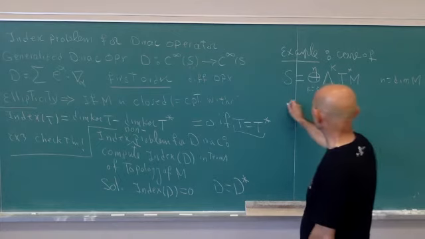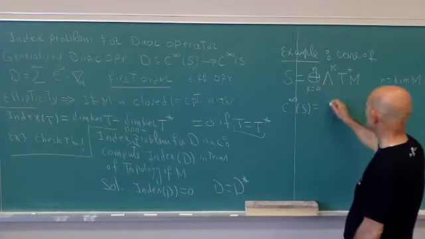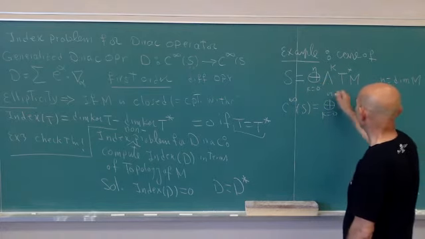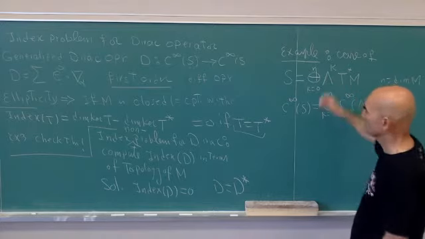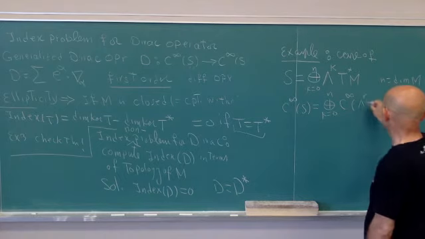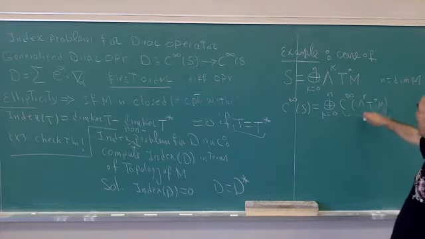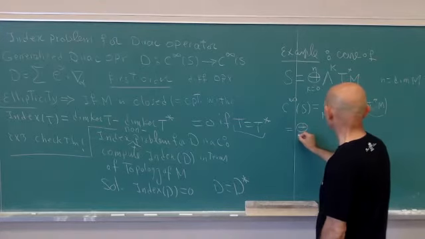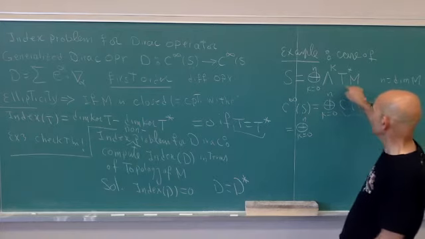Now, C infinity of S in this case is equal to the direct sum, K from 0 up to n, of C infinity of these things individually, the space of sections. But because this is long notation, we just gave a special name to this. These are differential forms, right? Differential forms are smooth sections of this bundle.